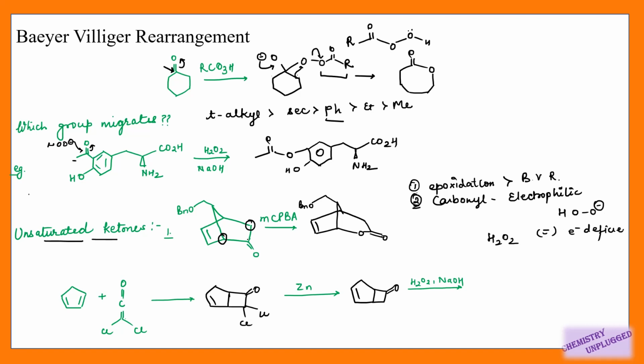But this double bond is not attached with any other group which can decrease electron density over it. So if we want to do only Baeyer-Villiger reaction, we can use H2O2. It is a very good reagent for that type of reaction. It will not affect this double bond; it will remain as such. Next question: will this carbon migrate or will this migrate? This will migrate because it is tertiary in nature. So we will get this molecule, right?